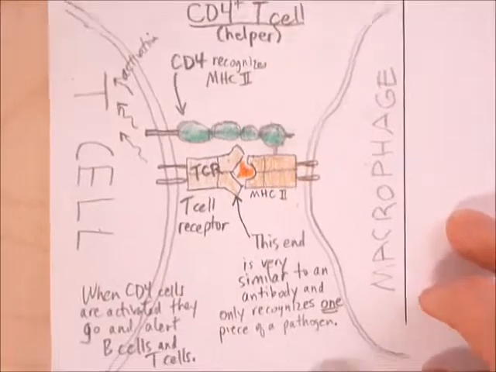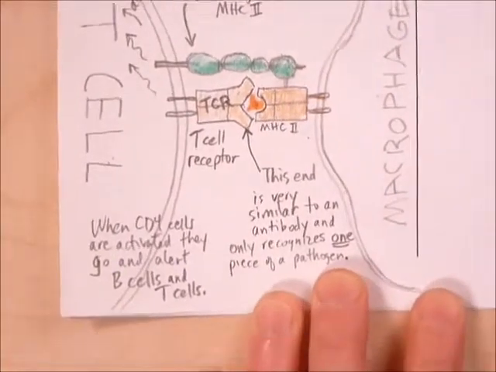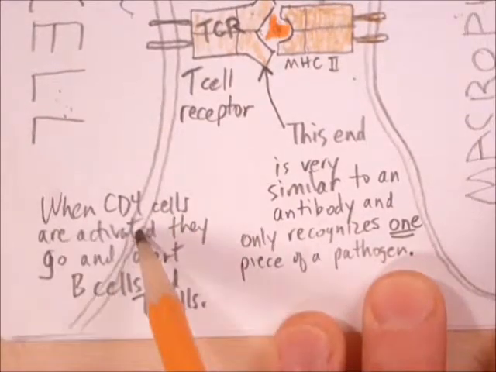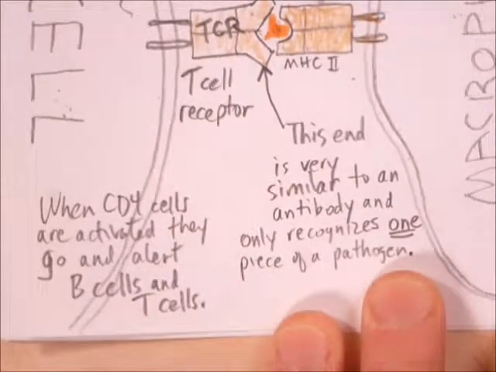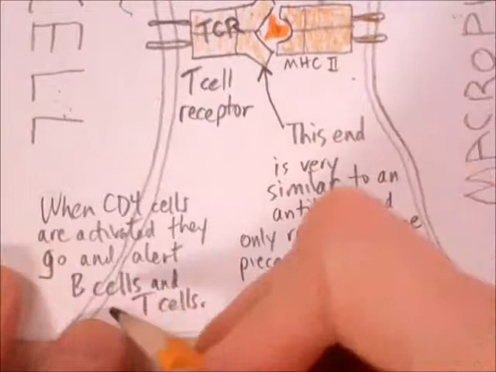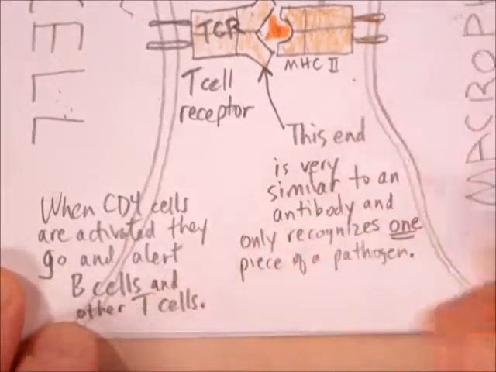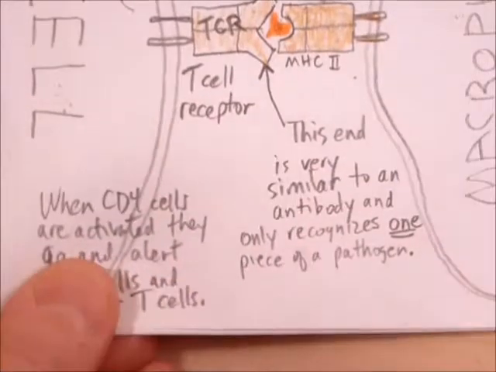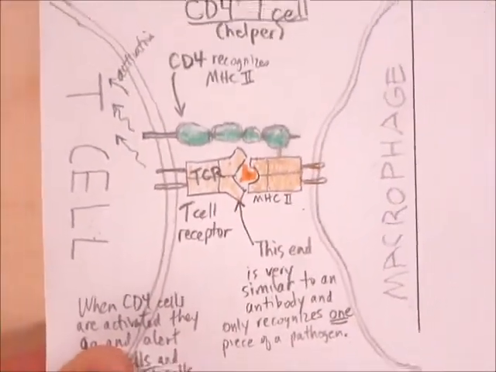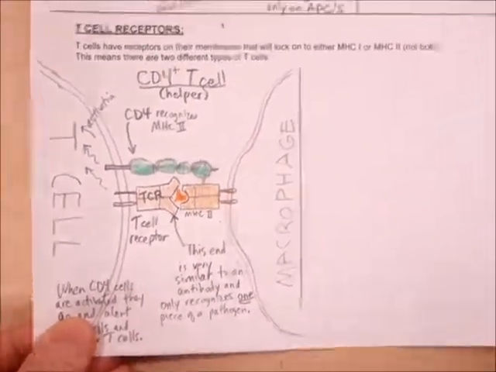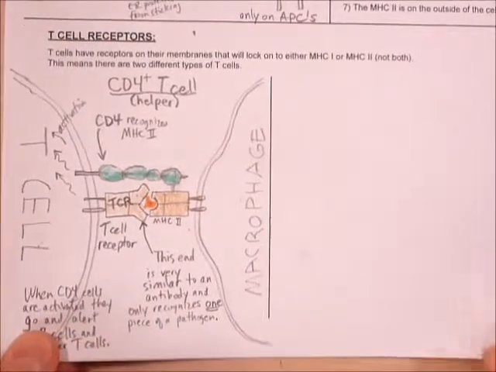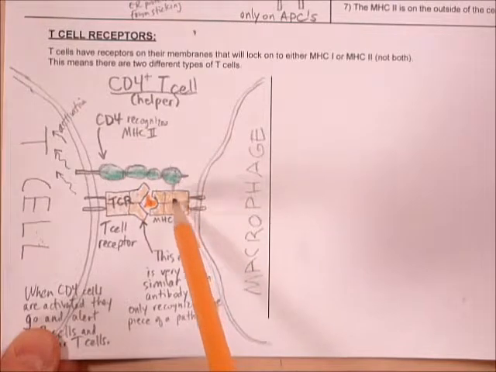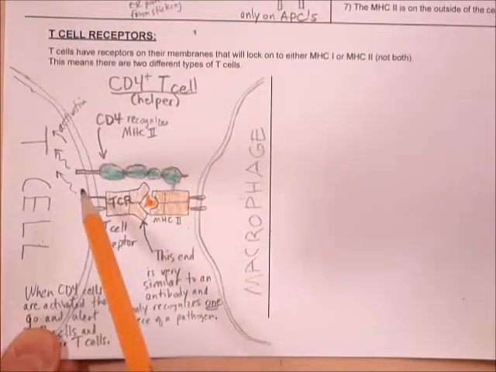They go and alert other cells. Okay, and that's all you need to know about helper cells right now. We'll talk more about them later, but you need to know that the helpers have this thing. They recognize the MHC2, and then they activate.